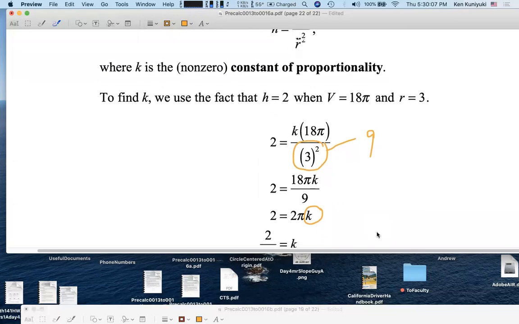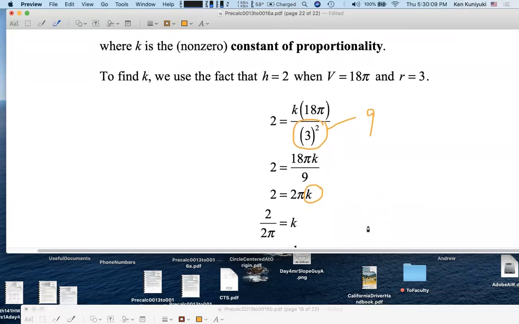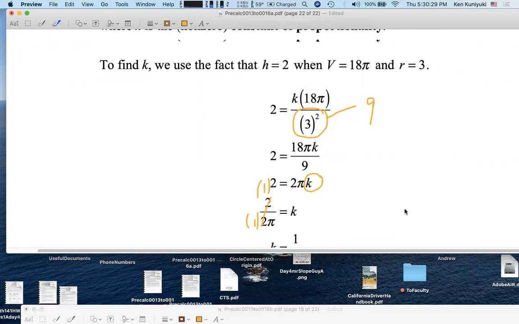Divide by 2 pi on both sides. K alone is on the right side. We have 2 over 2 pi here. How can we reduce this? Boom, boom. So do we get pi over there? No, it's 1 over pi. That's why I like to put ones. The parentheses might be overkill, but at least put a 1 up there. K is 1 over pi.